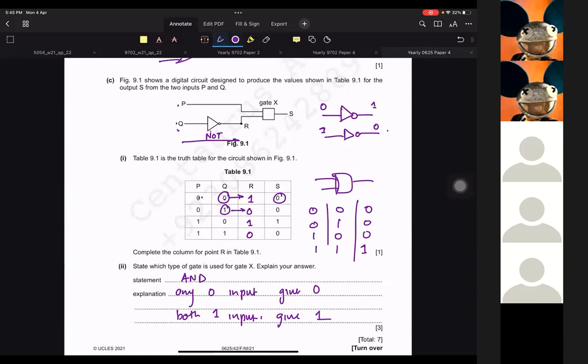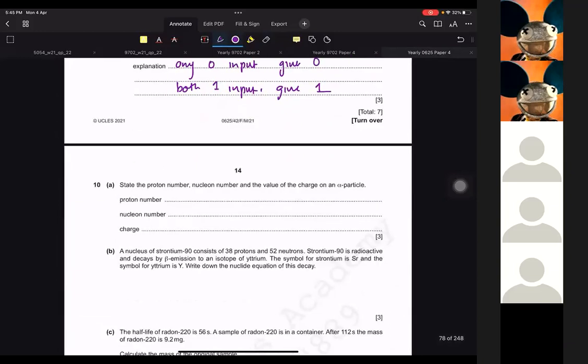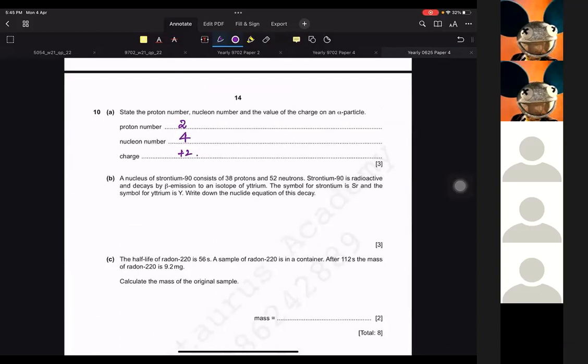Do you understand? Okay. Then it says state the proton number, nucleon number and charge of an alpha particle. So an alpha particle has 2 protons, 4 nucleon number, and the charge is +2. Now, a nucleus of strontium-90 consists of 38 protons and 52 neutrons. And strontium-90 radioactively decays by beta emission to an isotope of yttrium.